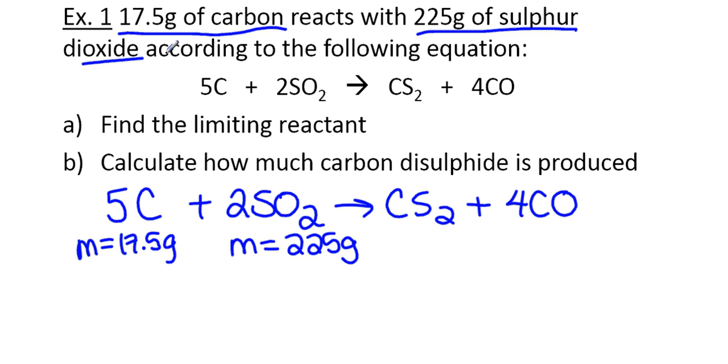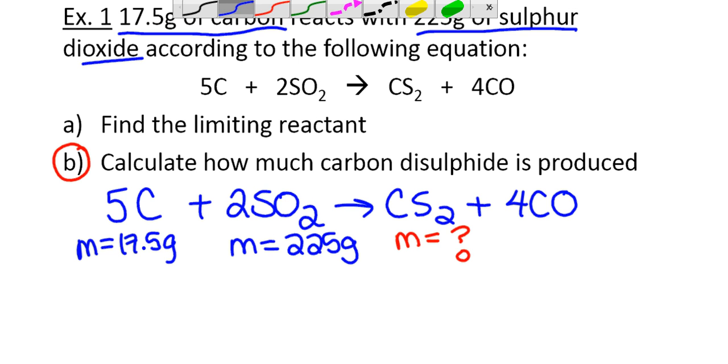Okay. There's two parts to this question. One part is finding the limiting reactant, and the other part is finding out how much product is produced. This part, part B, we'll do obviously second, but if we want to write this in here, this is what we're trying to do for part B.